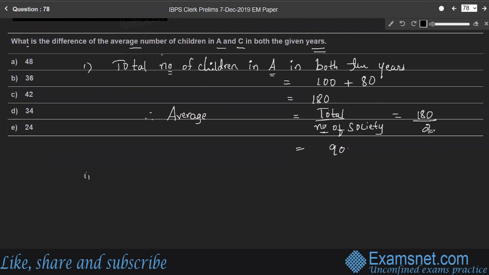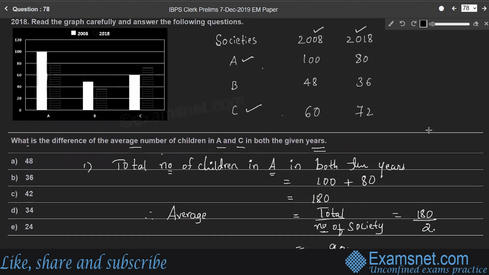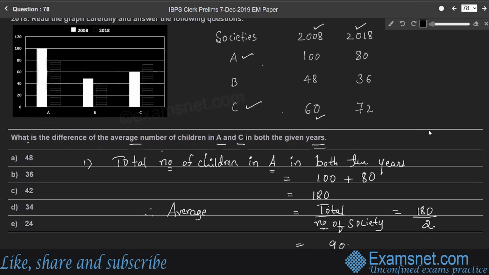Whereas in the second case, the total number of children in society C in both the years. In society C in 2008, there are 60 children.